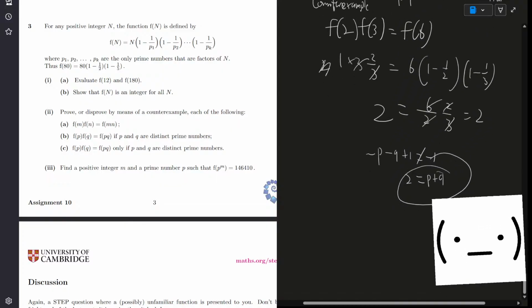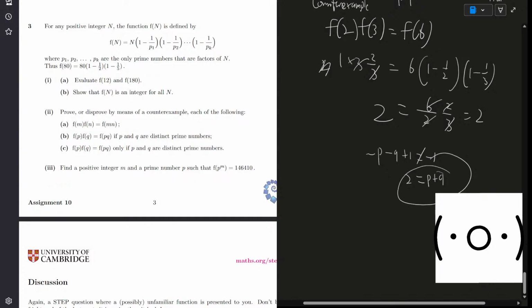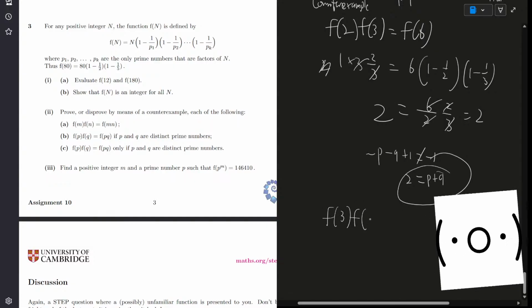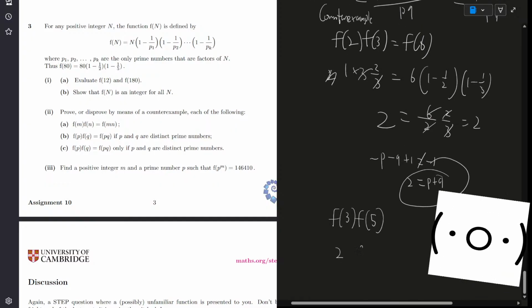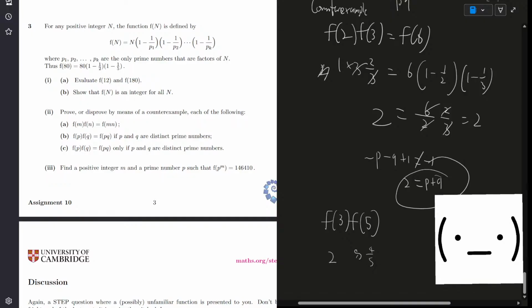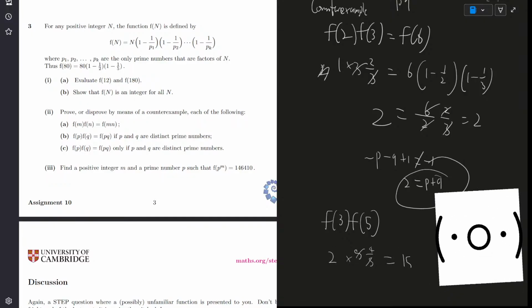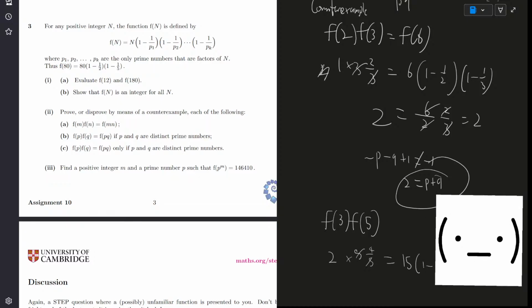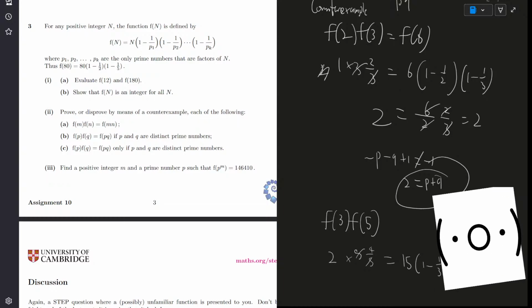Okay, let's choose f. F equals what would be nice? F equals 3. f of 3 and f of 5. So we know that one of them equals 2. The other one equals 4. The other one is 15. Oh, I'll be damned, it's correct.